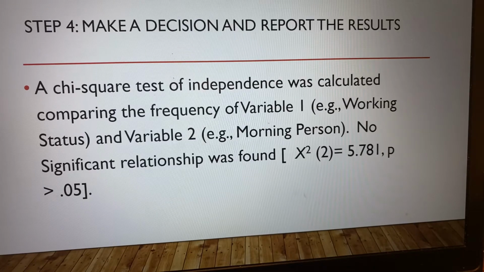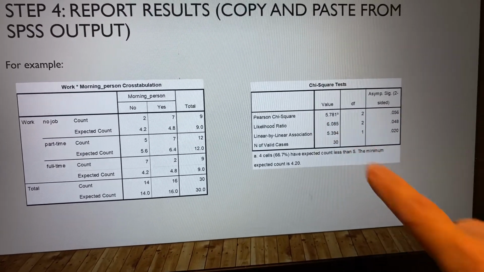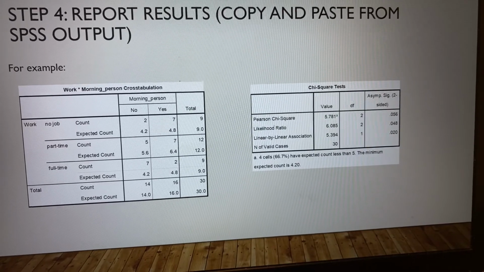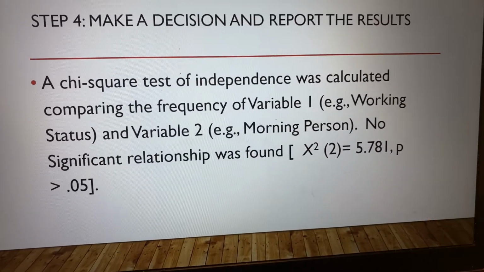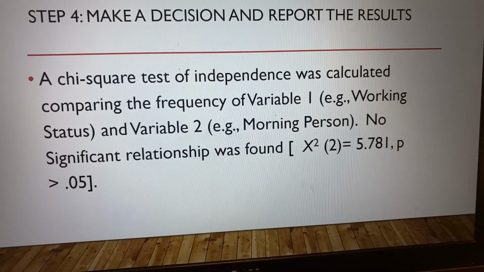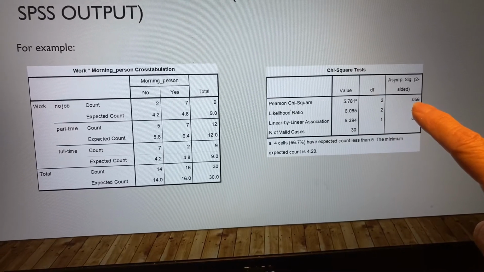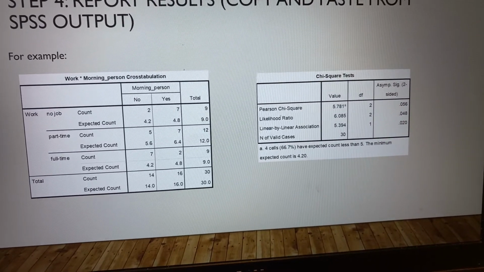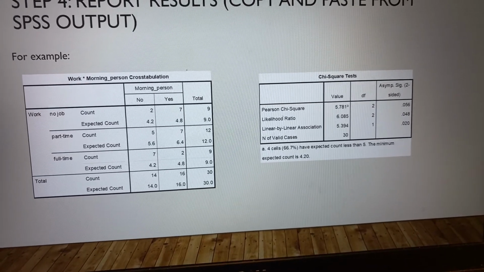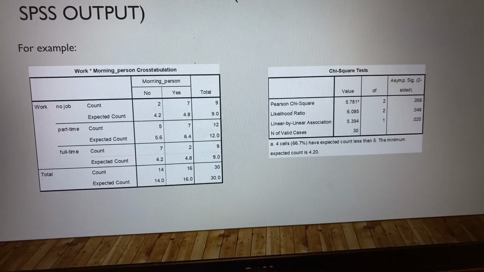5.781. Remember where that is from? Here, 5.781. And then your P is this number. This is your P, the probability.